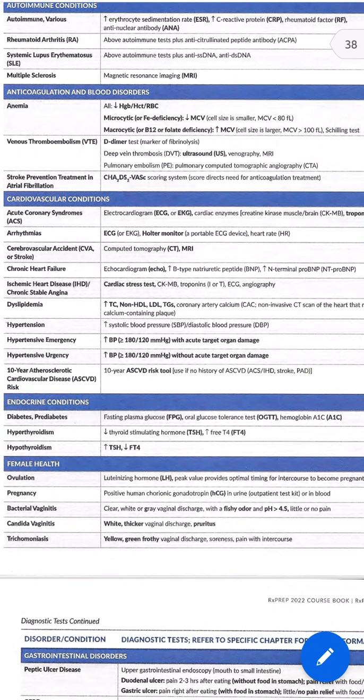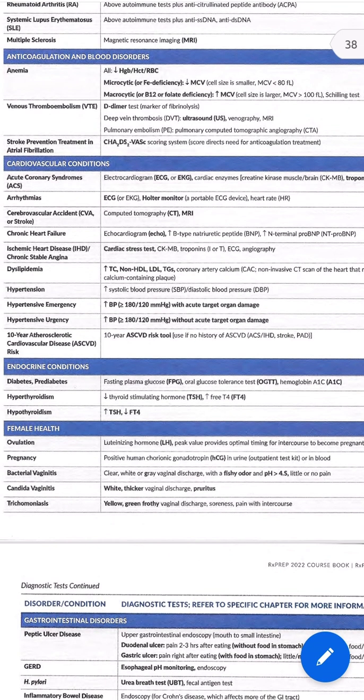Cardiac stress test, CKMB, troponins I or T, ECG, angiography can be used to diagnose ischemic heart disease, chronic stable angina. Increased TC, non-HDL, LDL, TGs: you can use these to diagnose dyslipidemia.